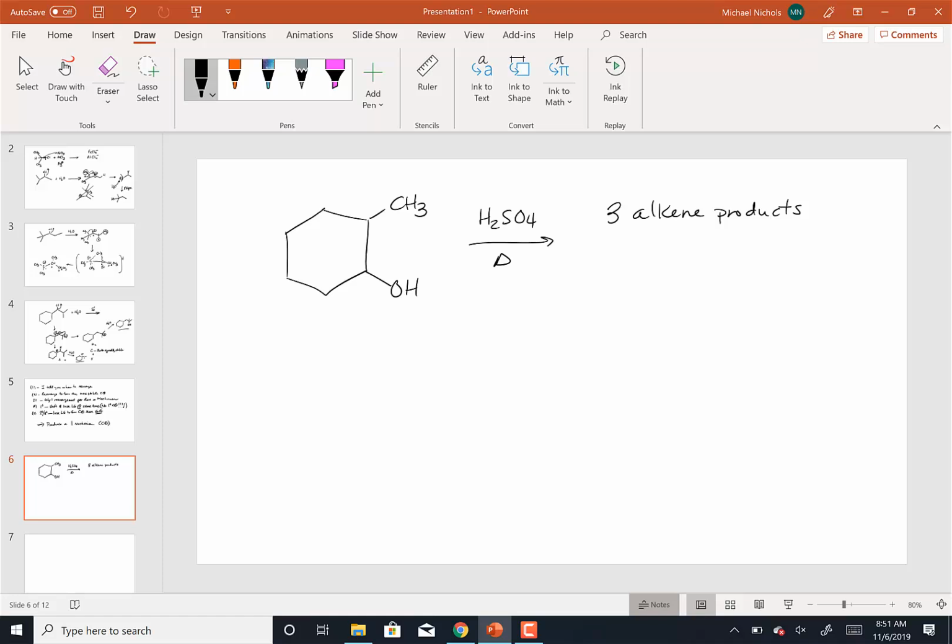Two of them, well, these are from rearranged and non-rearranged mechanisms. So in other words, I get those 3 different products if I rearrange or if I don't rearrange, doing this E1 mechanism.